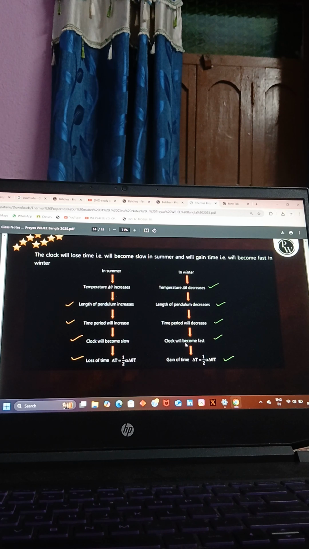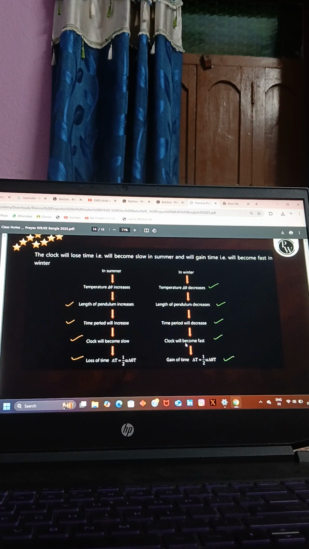Loss of time, delta t equals half alpha delta theta into t. In winter, temperature delta theta decreases, length of pendulum decreases, time period will decrease, and the clock will be fast.